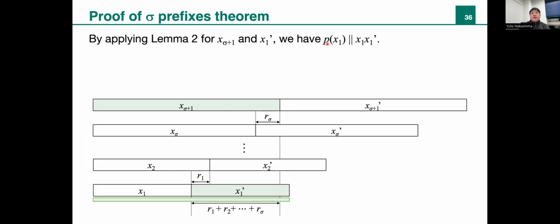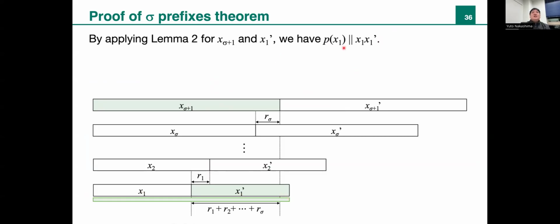Then the shortest parameterized period of x1 is also a period of the concatenated strings, namely the parameterized square x1 prime, like this.